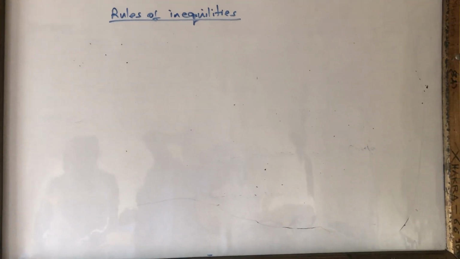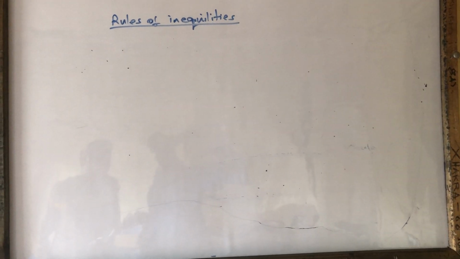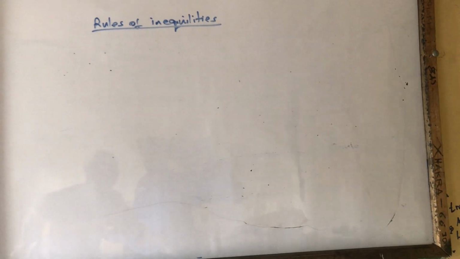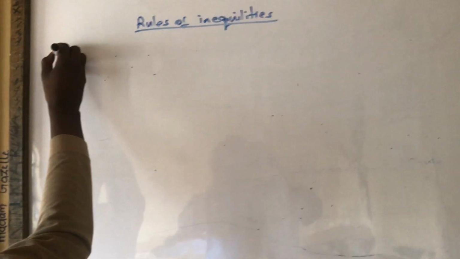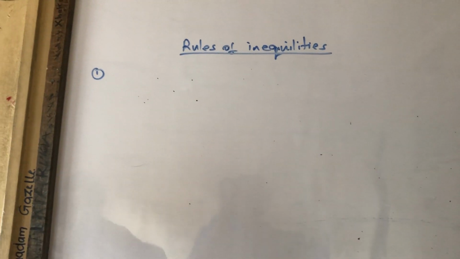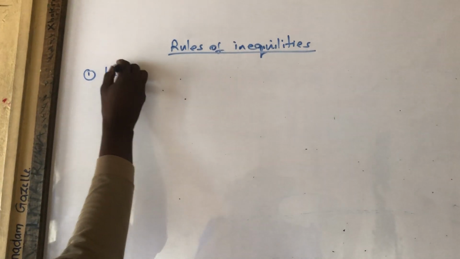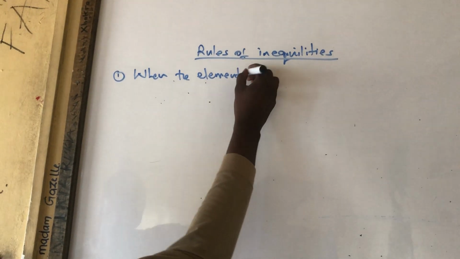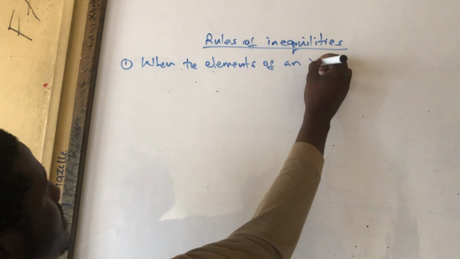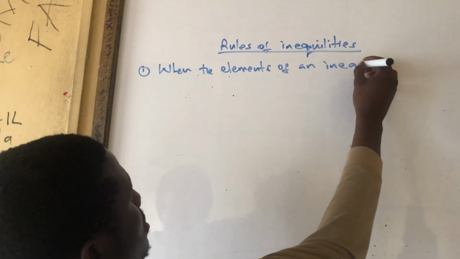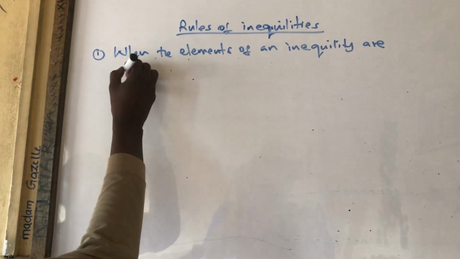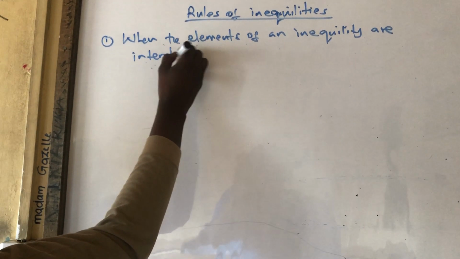There are 2 rules I want us to consider when doing inequalities. What are these 2 rules? One, when the elements of an inequality are interchanged.